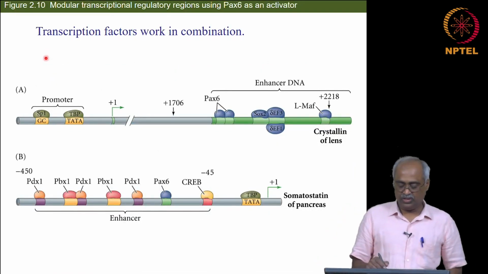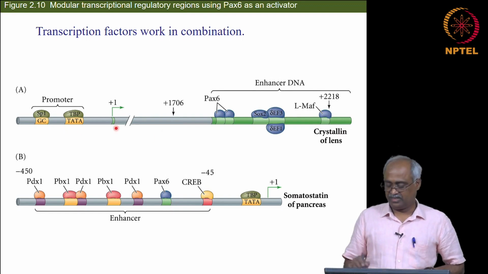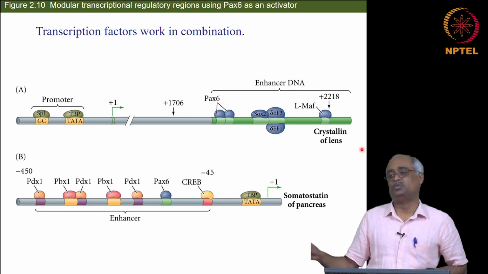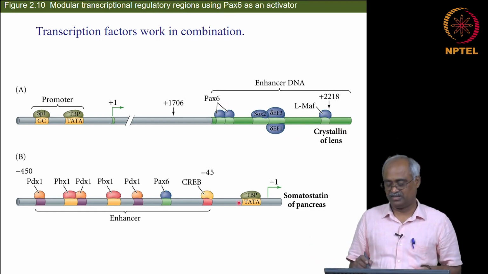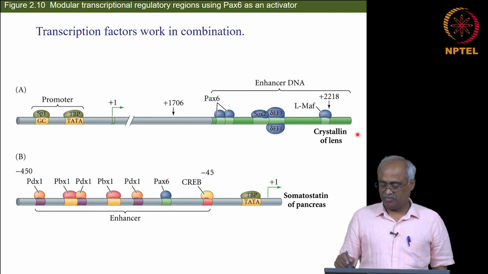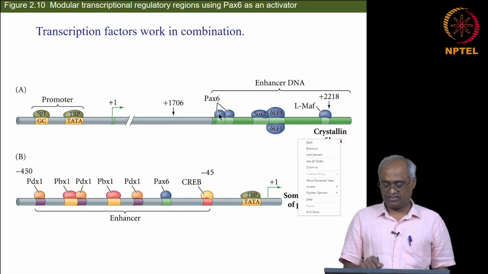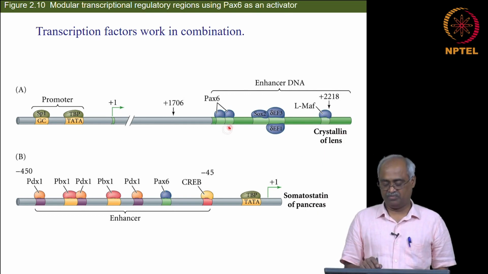So we are looking at 2 different genes, okay. In one, a target gene of PAC6. So here we have the PAC6 protein, and then we are seeing what it does to the promoter of another gene, it is a transcription factor. So to make this particular crystallin expressed in the lens, PAC6 has to bind to its binding sequence, and that is not enough.